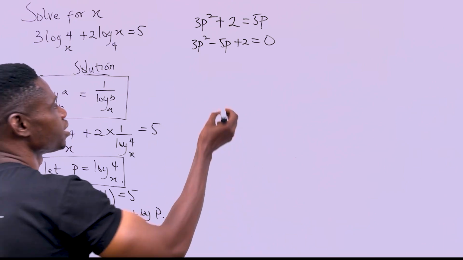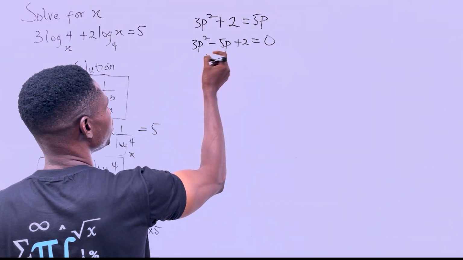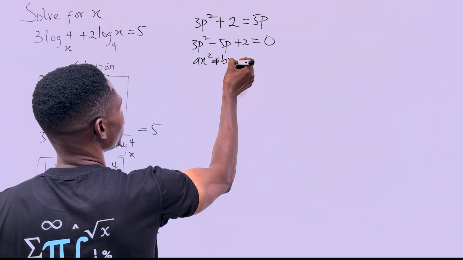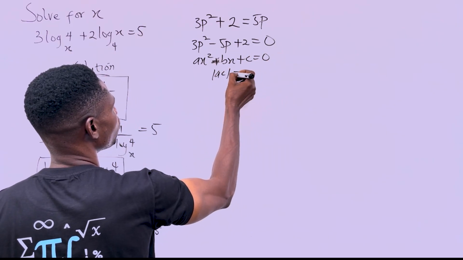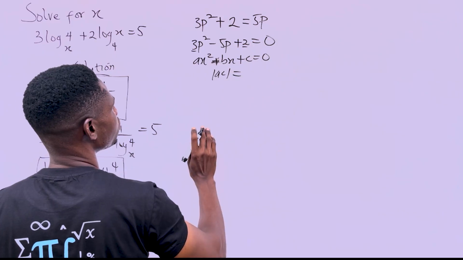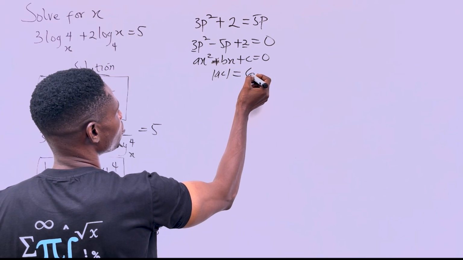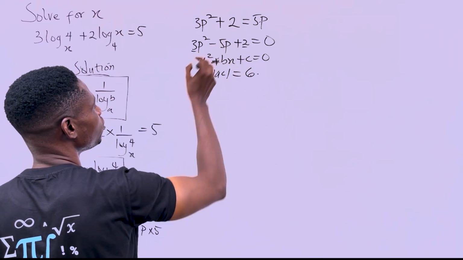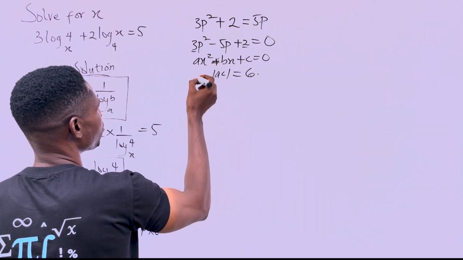So let's factorize this. Comparing it with ax squared plus bx plus c equals 0, our ac will be equal to 3 times 2, which is 6. So we're going to look for 2 numbers that we can multiply to give 6, and we can add to give minus 5.